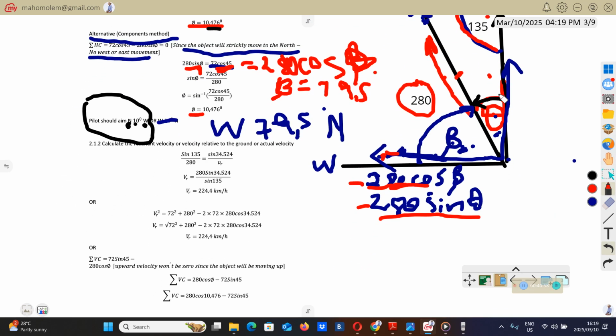Therefore, from here, while I still have my components here, let's go to the second question. Calculate the resultant velocity, or velocity relative to the ground, or actual velocity.